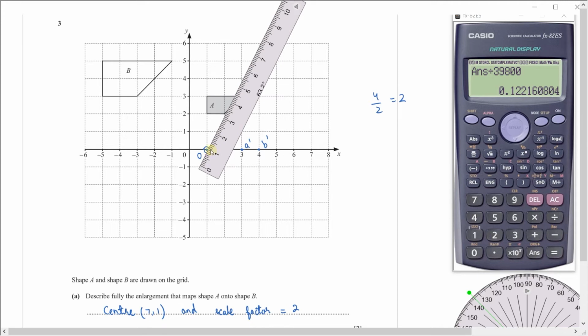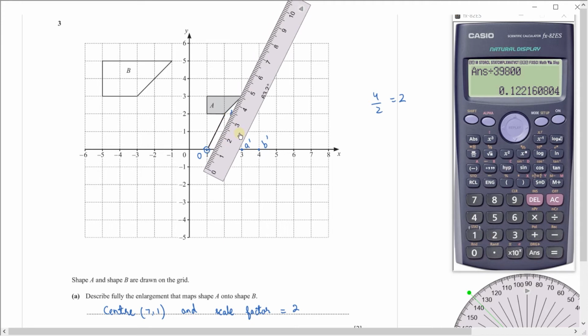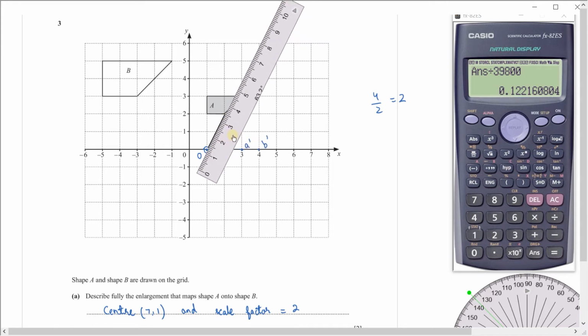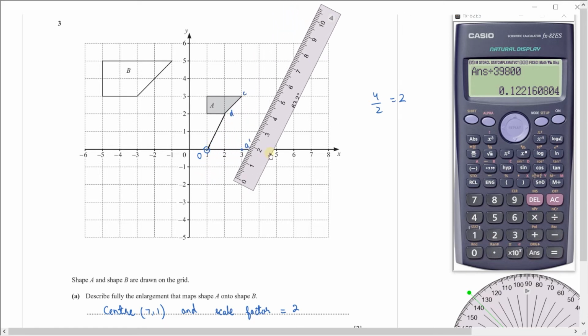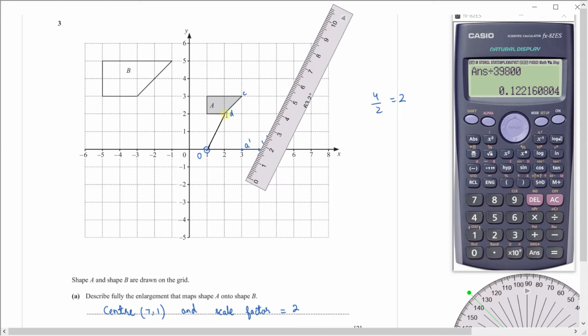So I'll draw a line from this point up till this point here. I'll extend it a little bit so that it is up till this point. So now I've drawn a line that connects this point D with the center of rotation.